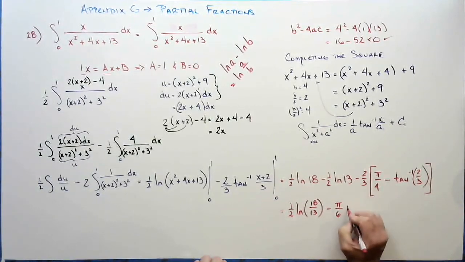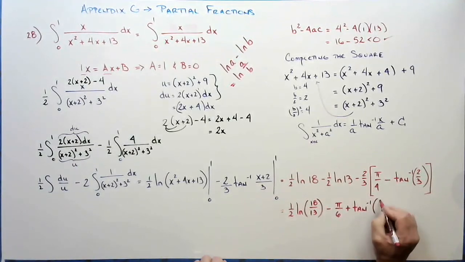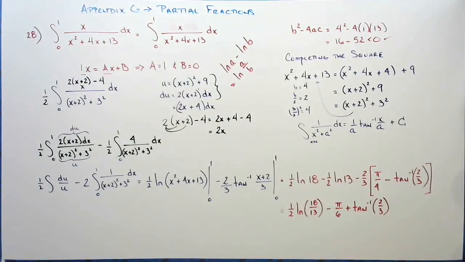And then 2 negatives make a positive, plus inverse tangent of 2/3. I don't know what angle has a tangent that equals 2/3. That's not one of my special angles, so I'm not supposed to know that. I don't have a calculator. We're not going to be allowed a calculator on any assessment. So if you were to express this with some kind of decimal, it would make me very suspicious as to how you knew the inverse tangent of 2/3 off the top of your head without using a calculator.